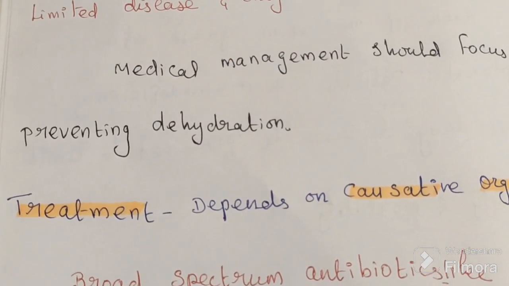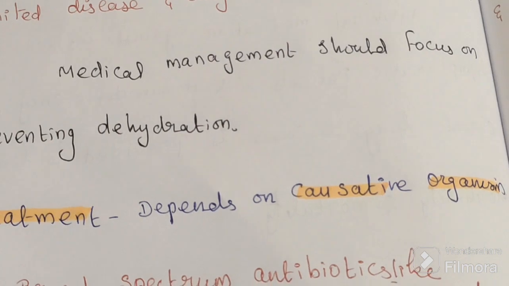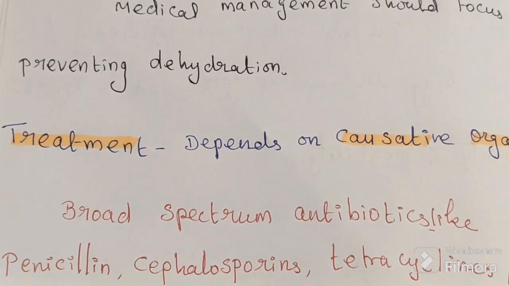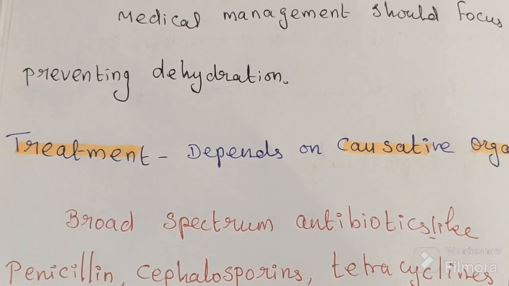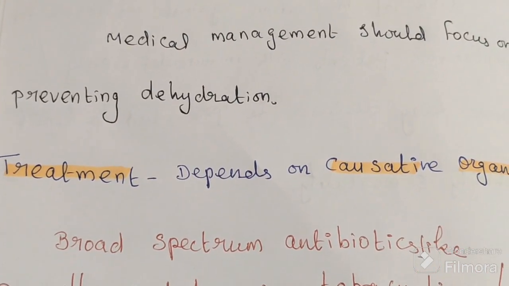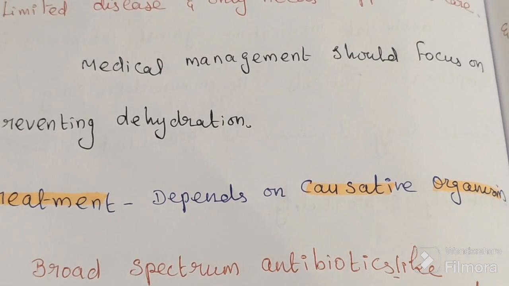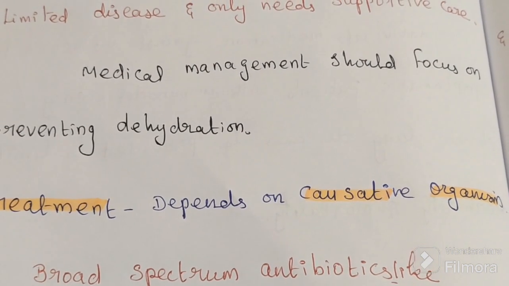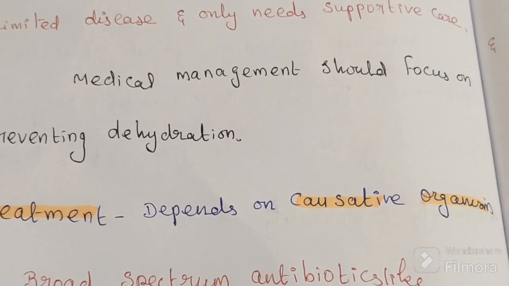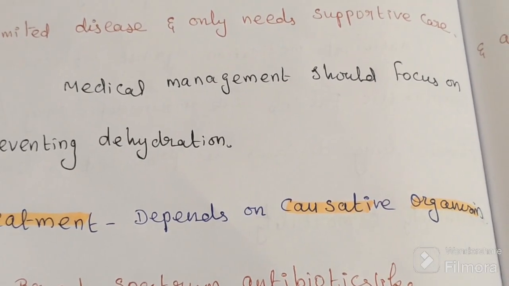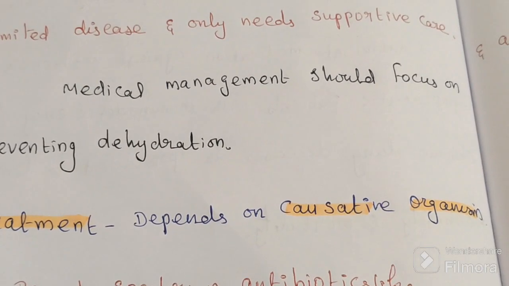Next, treatment of nosocomial infection. Symptomatic treatment of shock, hypoventilation, and other complications should be provided along with the administration of broad spectrum antimicrobial therapy. The treatment of healthcare associated infection depends on the underlying etiology.